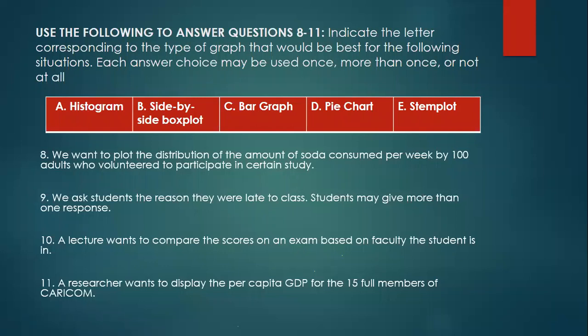Remember I told you, we normally use a stem plot when we have a sample of 20 observations or less. It's a graphical representation, and if you want to graphically represent per capita GDP, the best thing to use would be the stem plot. All right.